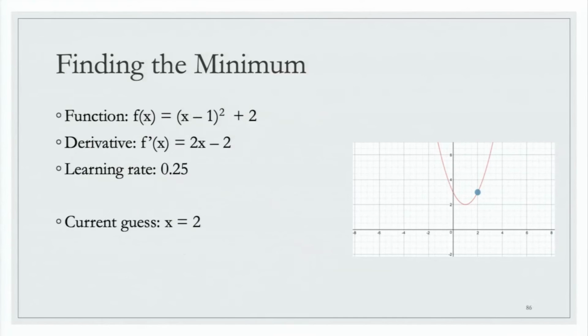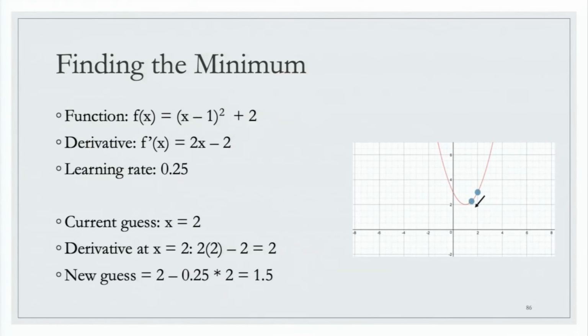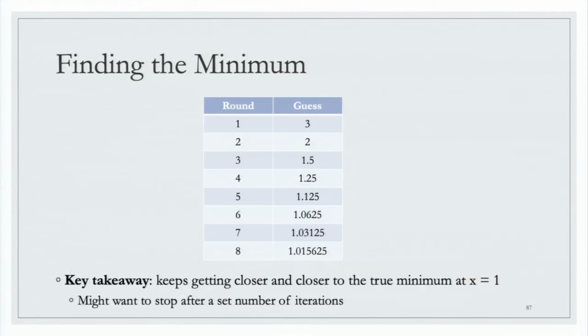I repeat the process. I calculate the derivative at 2. I plug that into my update formula: new equals old minus learning rate times derivative, and I get 1.5. So if I repeat this a bunch of times, I get closer and closer to the spot where it's minimized, which is 1. The key intuition just being that if I know how to find the slope of this function, I can minimize it.